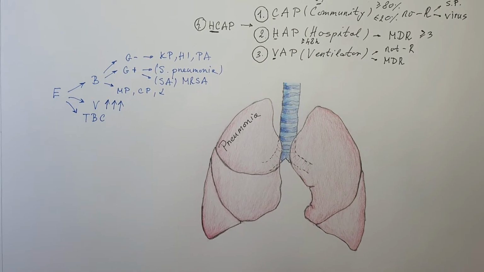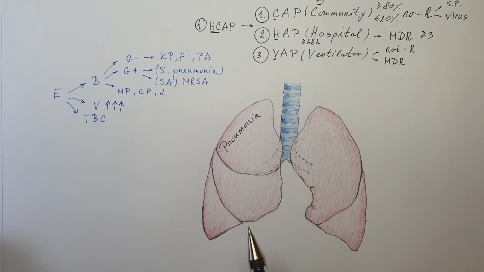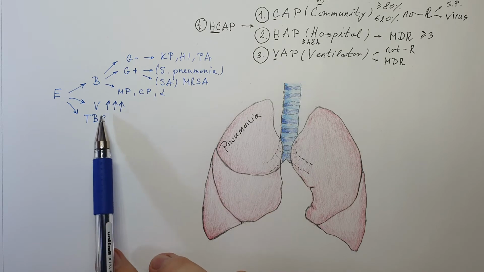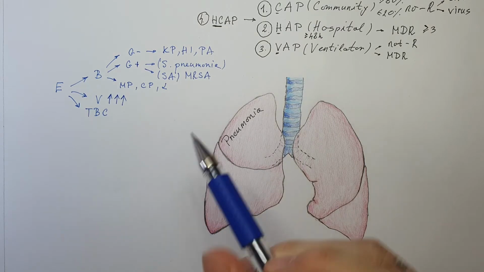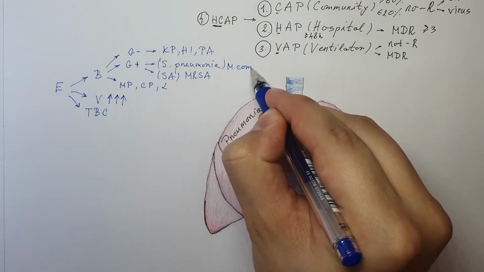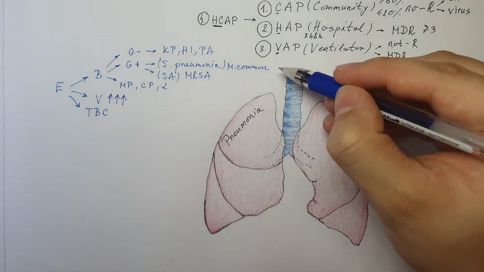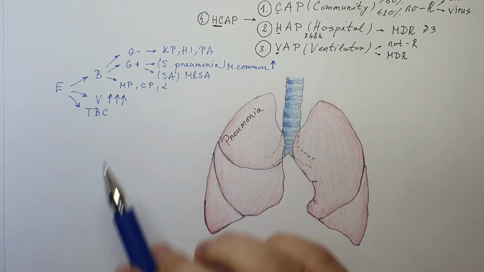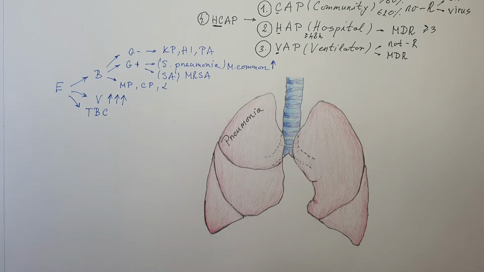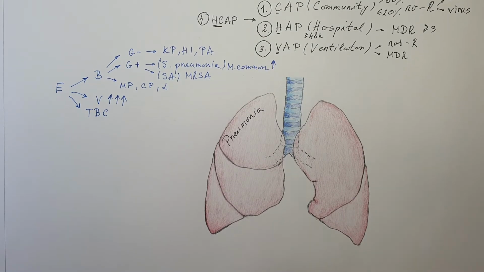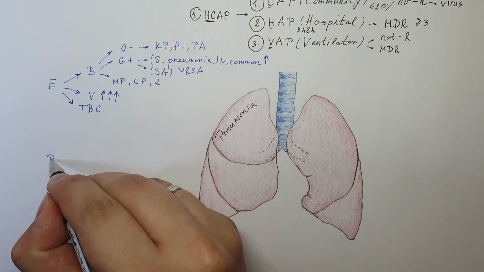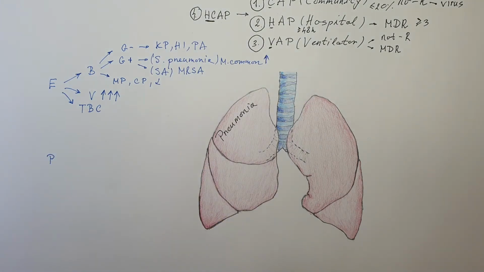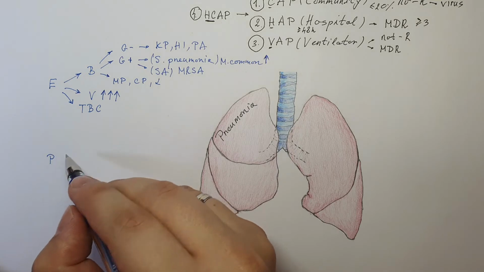So the etiology, if we simplify it, is bacteria and viruses, and bacteria can be Streptococcus pneumoniae, which is the most common one, but also these other bacteria that have potential to cause atypical clinical pictures and pneumonias that are multi-drug resistant.